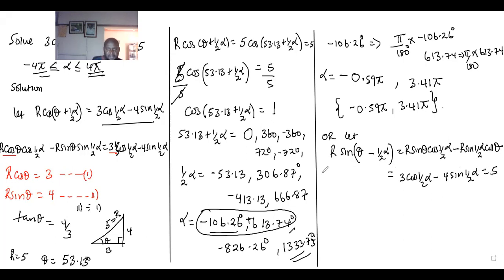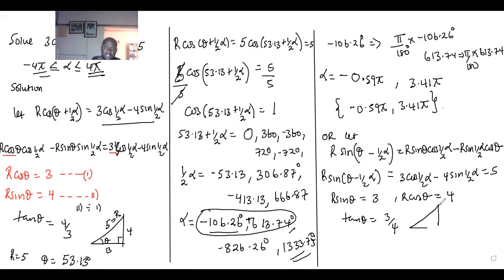Remember, it is 5. So this way it will also be equal to r sine theta minus a half alpha. In comparison, you will have r sine theta being equal to 3, and then r cos theta being equal to 4. Then tan of theta would be 3 out of 4, which is still giving us 3, 4, 5. This will be theta. So still r will be 5.